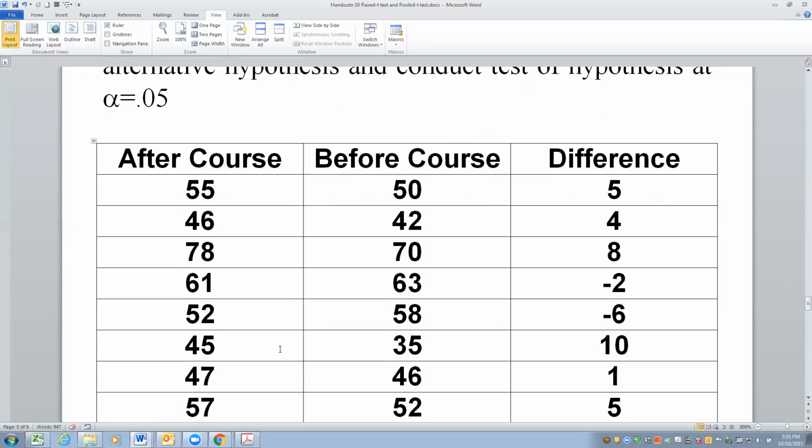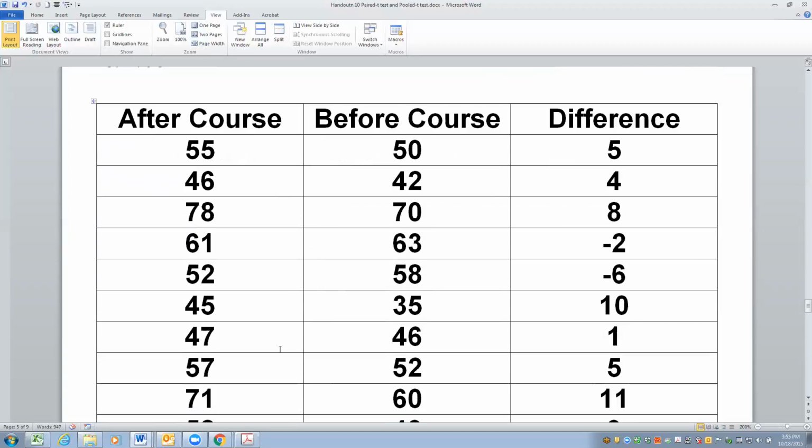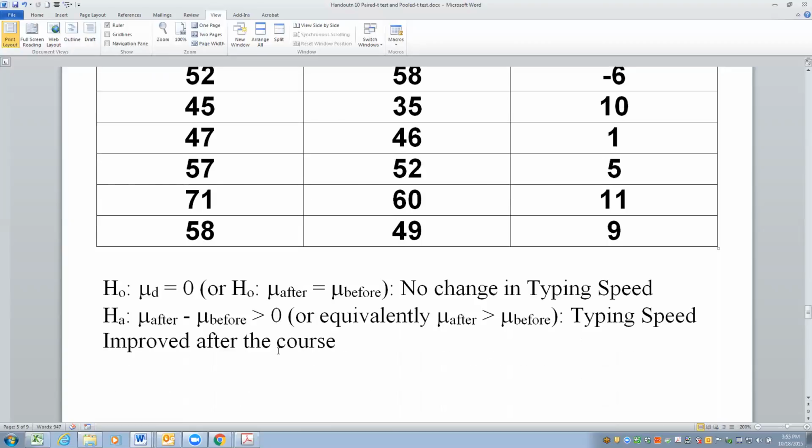So our null hypothesis is that there's no difference between the two typing speeds before and after the course. The alternative is that after the typing course, our speed has increased so that the after speed is greater than the before speed, or if I look at the difference after minus before, that average difference should be greater than 0.